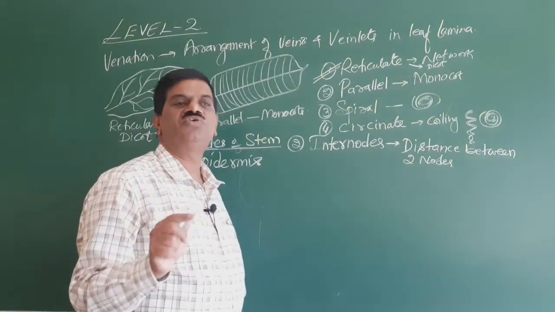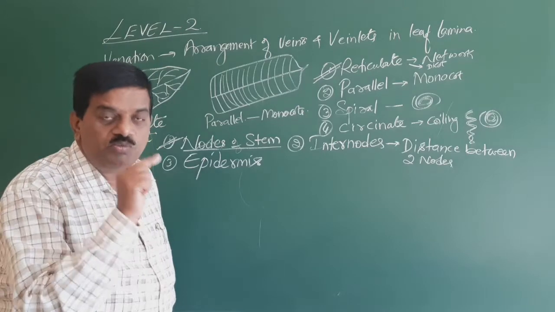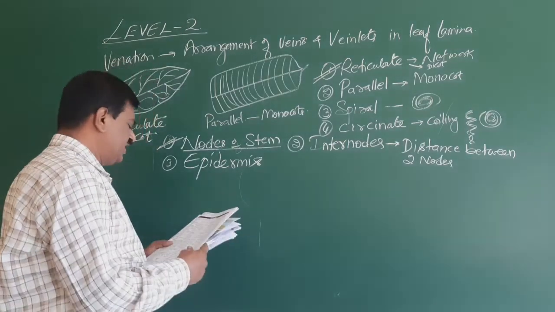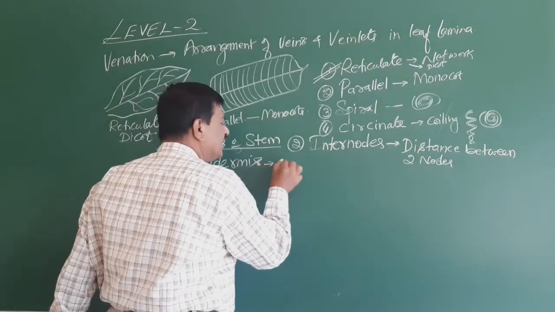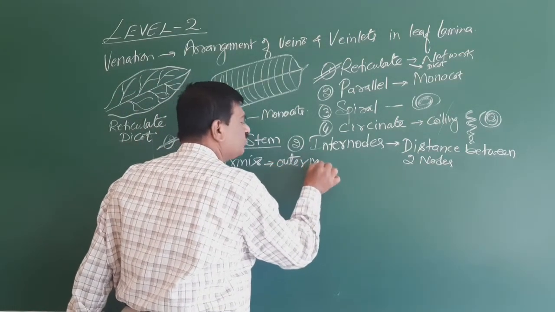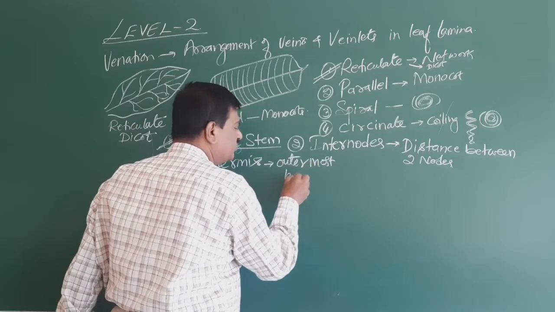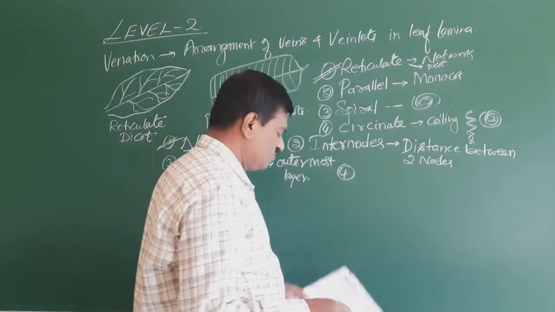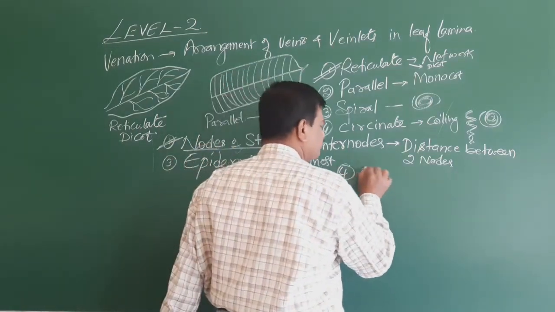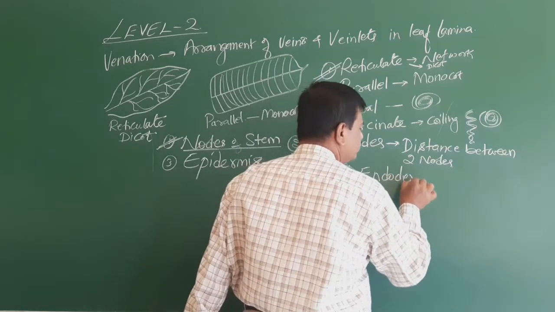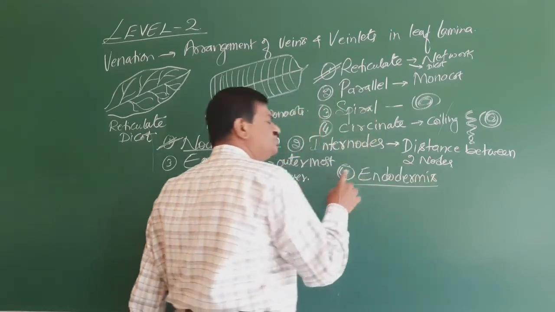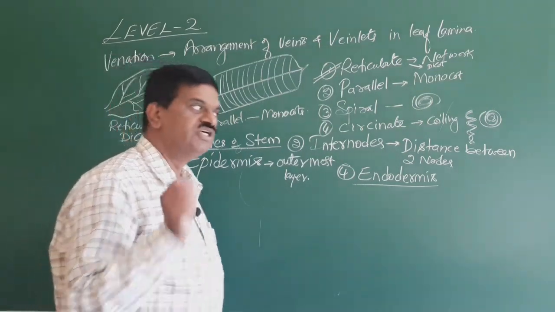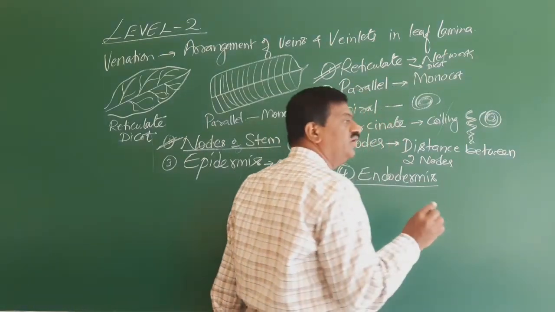Now, when we take a section of a root or stem, the outermost layer of the stem is called epidermis. Here, in anatomy, you are going to study this. Outermost layer is called epidermis. And the fourth option is called endodermis. This is called the covering of the vascular bundles.